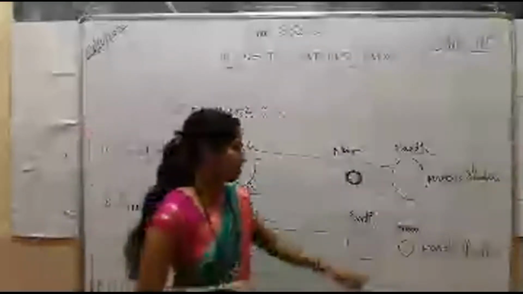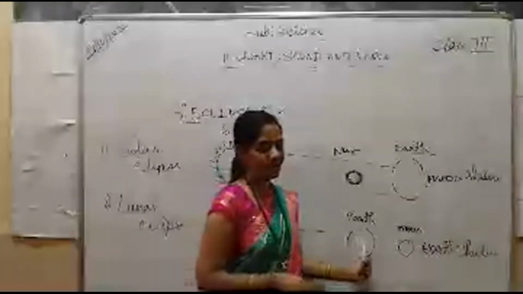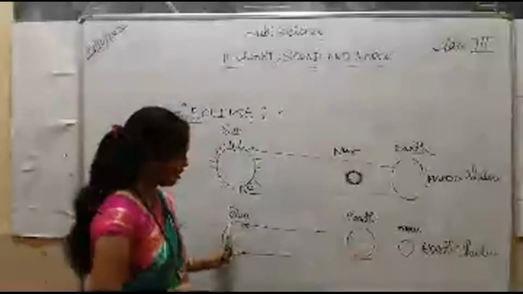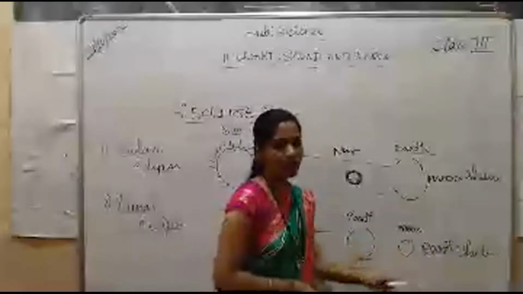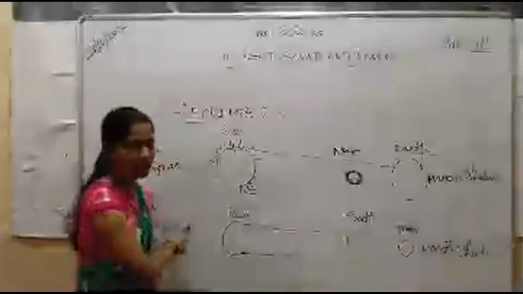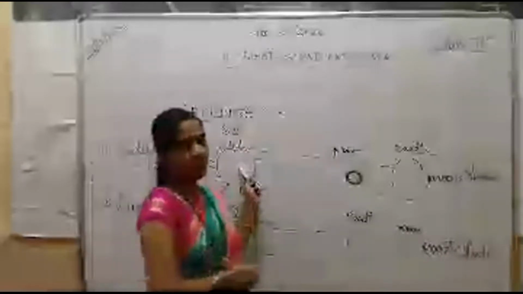We cannot see the moon because the earth is blocking the light. The moon gets light from the sun, so if the sun's light is blocked, how can the moon get the light? That's why we cannot see the moon in the lunar eclipse. Chandra Grahana is lunar eclipse, and solar eclipse means Surya Grahana.